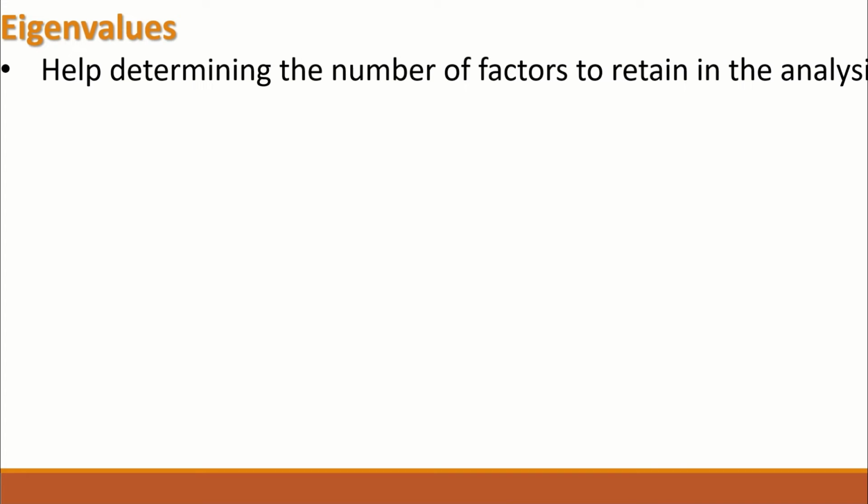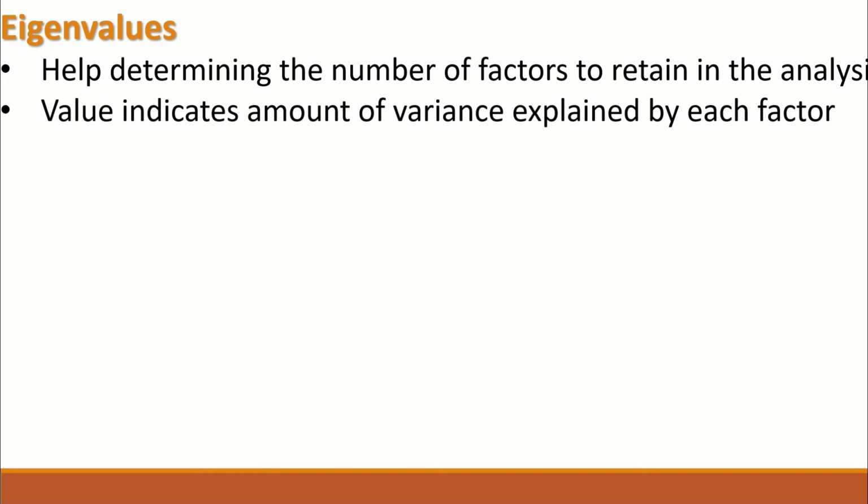There is another term that has to be checked when performing the EFA, which has to be determined prior to performing the analysis, which is eigenvalues. Eigenvalues help to determine the number of factors to retain in the analysis. The value indicates the amount of variance explained by each factor.